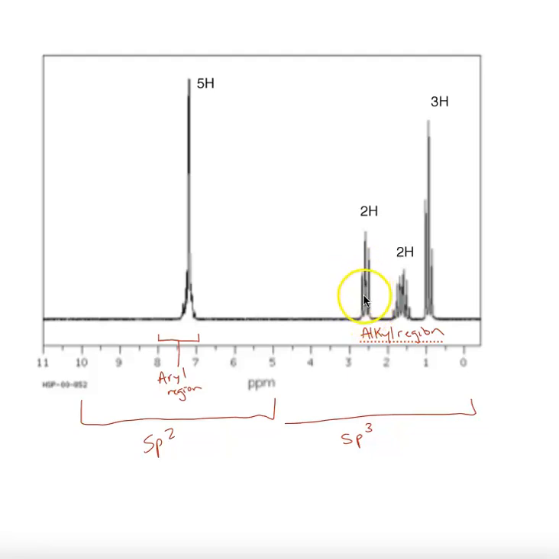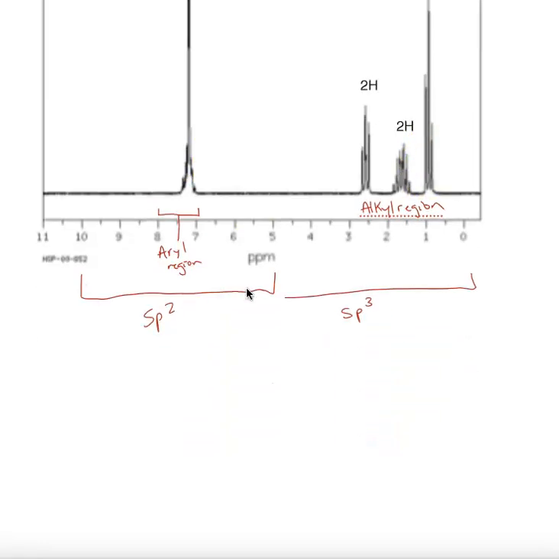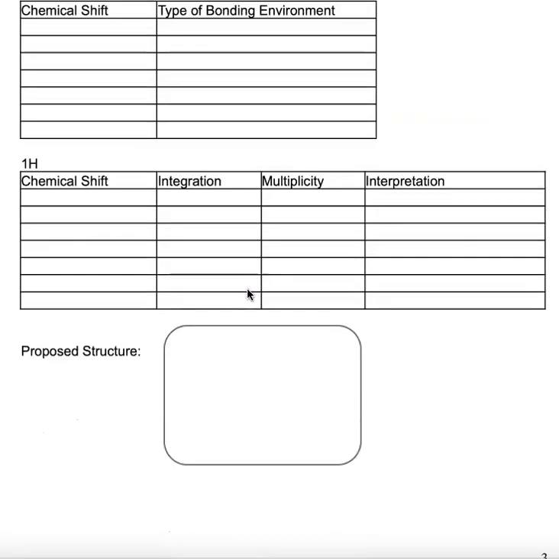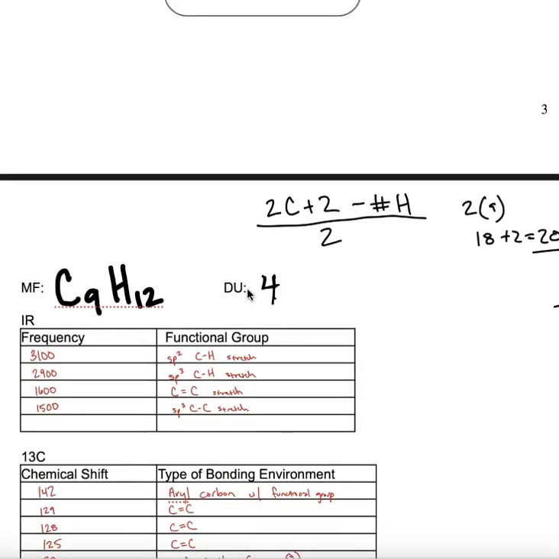So if it has 3 peaks, then it will have 2 neighbors. This one down here, I had counted 6 peaks, so it will have 5 neighbors. And this one right here has 3 peaks, so it will have 2 neighbors. We'll dive a little bit deeper into that, looking at the filled out chart here in a second. So moving on.